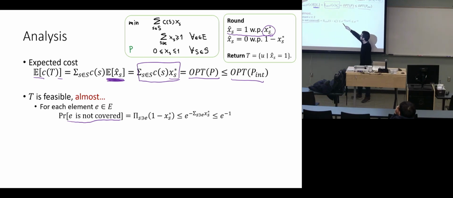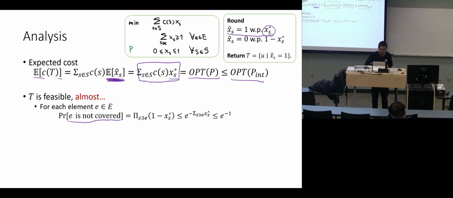With some algebraic manipulation, you replace this by e to the minus X star S, so you get e to the minus the sum of these.